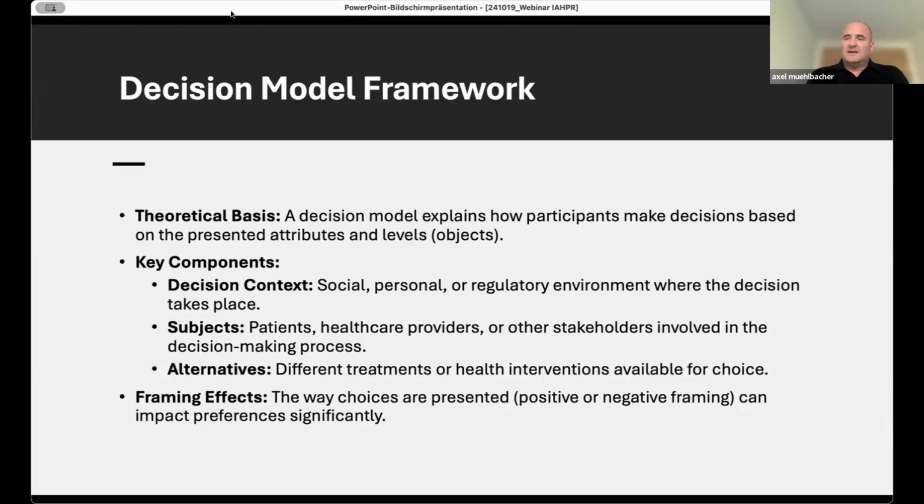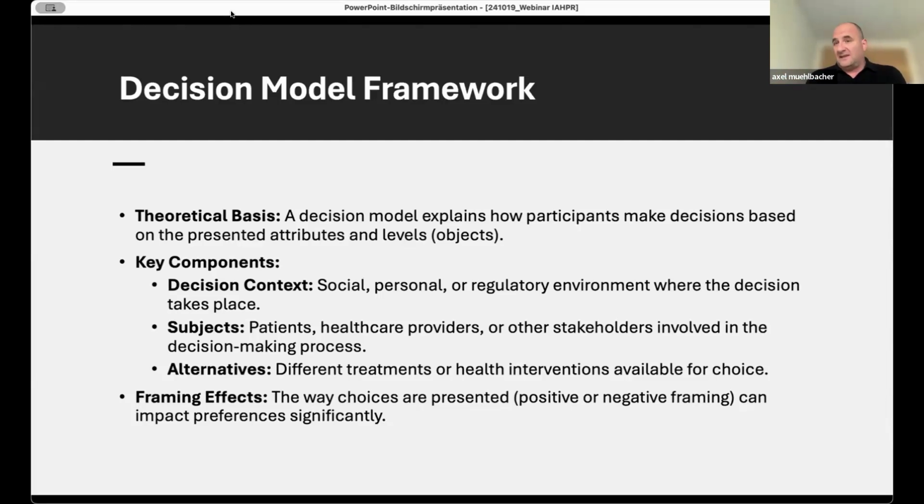Whom are we stimulating with our objects, attributes, or alternatives in order to gain information about their preferences? It could be patients, healthcare providers, other stakeholders like family, citizens, every entity which would be involved in the decision-making process.